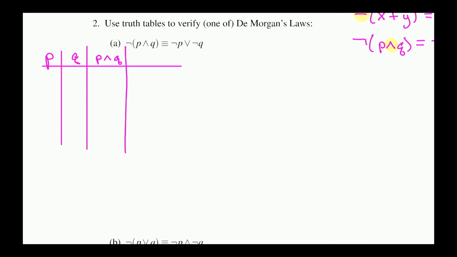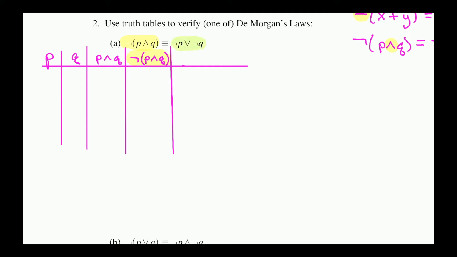So let's make the truth table. So hopefully it'll look a little nicer to you this time. So we go P, Q. In order to do this, I'm going to do a P and Q. Then I'm going to do a not P and Q. And this will be, of course, the left-hand side.